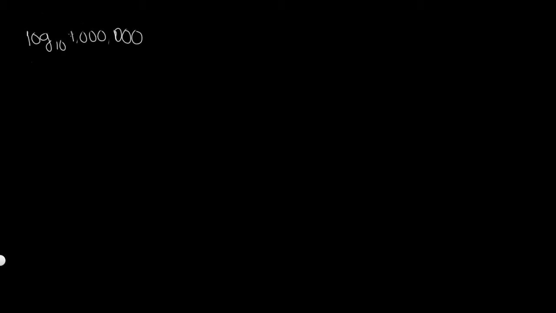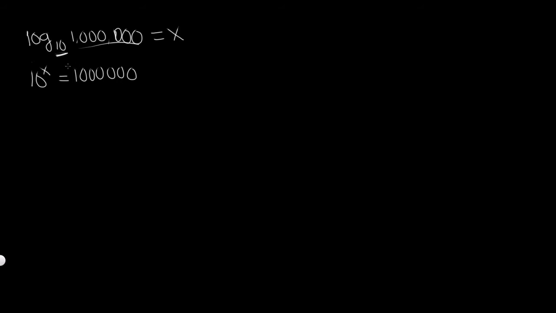So what if we had something really large, say log base 10 of 1 million? There's a simple way we could do this. We could say, just like the last times, 10 raised to what power is equal to 1 million, or we could put it in exponential form by setting this equal to x and saying 10 to the x is equal to 1 million.